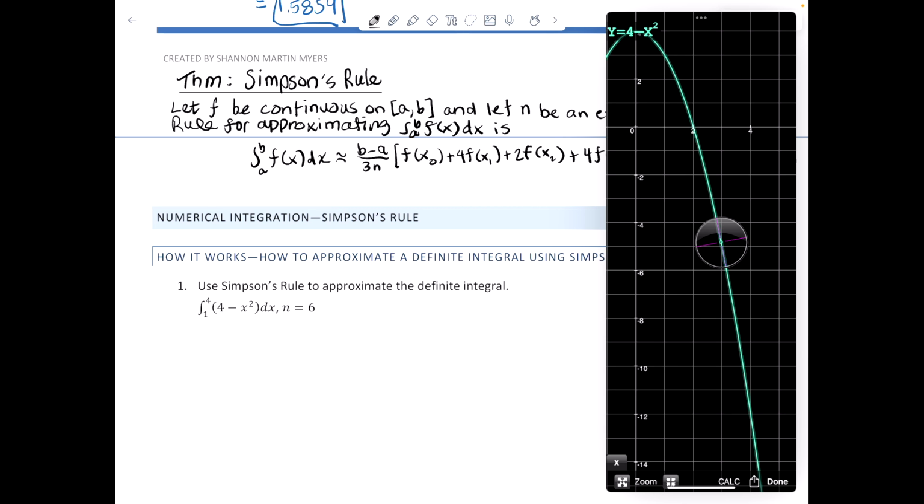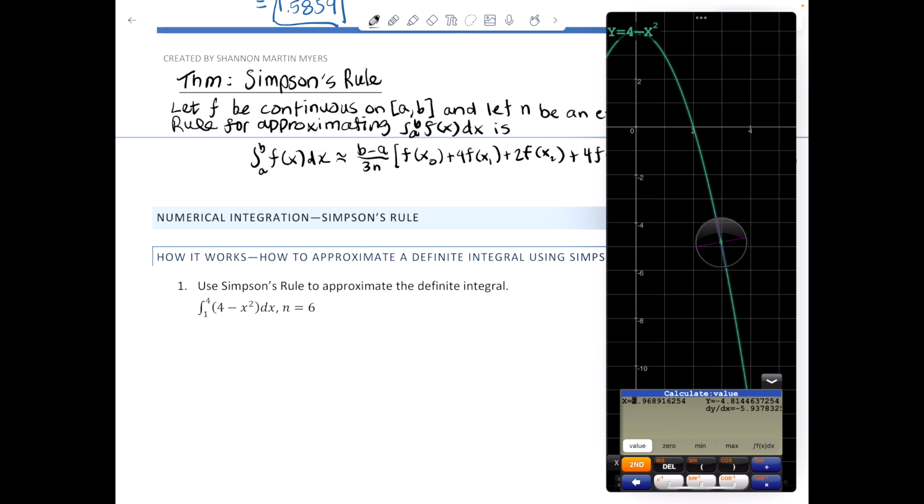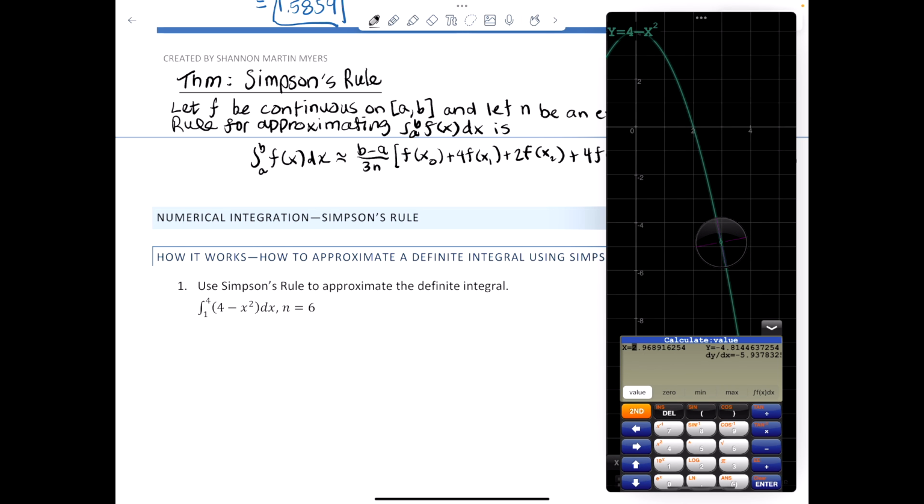So here we go. We'll go into calculate, and then first let's set it up. So the integral from 1 to 4 of 4 minus x squared with respect to x is approximately. So applying our rule, n is 6.